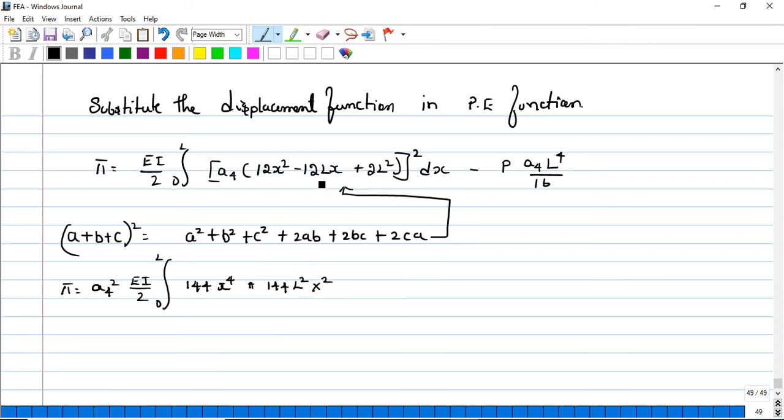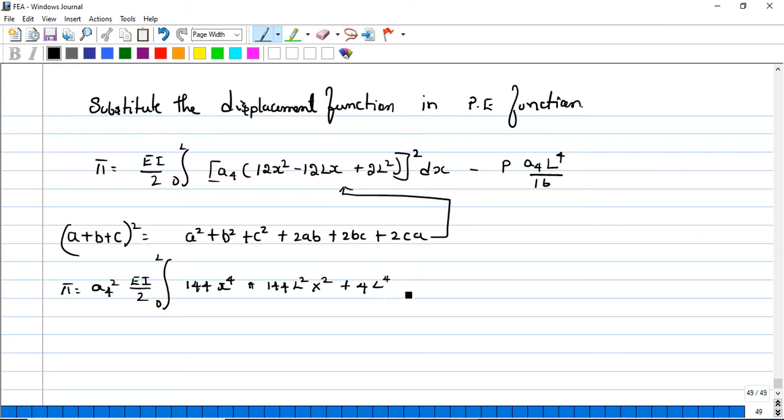So that is the B term, what I have considered B as minus 12lx. So minus 12lx whole square will be plus 144 L square x square, followed with the C term 2L square, that is 2 square will be 4, L square will be L raised to 4, followed with 2AB, 2BC plus 2CA.